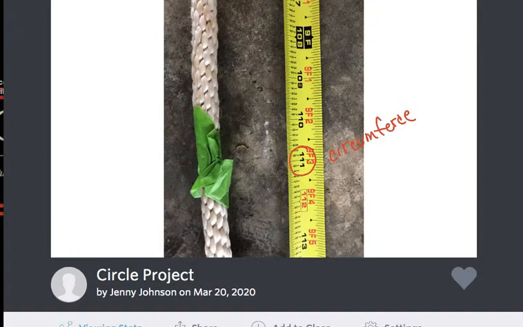So now that I know the circumference, that's spelled wrong. Circumference. Forgive me, I teach math for a reason. So the circumference is 111.